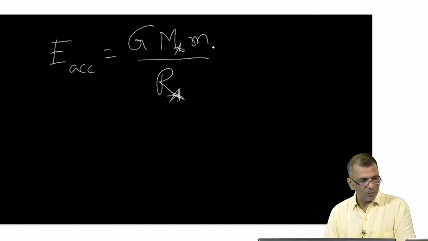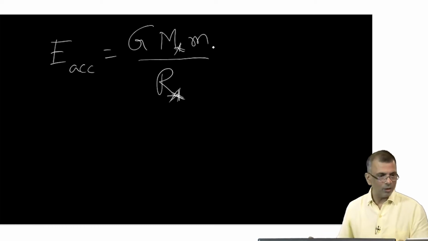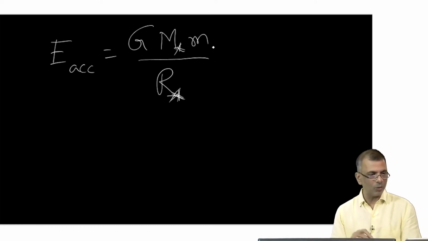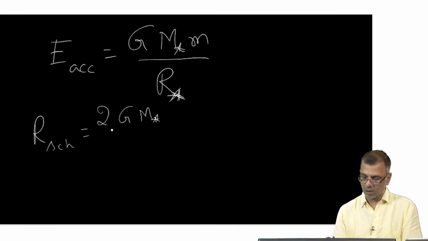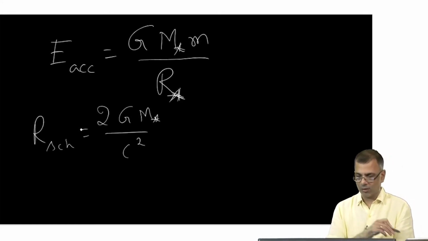Now let us define something called a Schwarzschild radius, which is just a definition: G m star over c squared. This is just a normalizing unit.